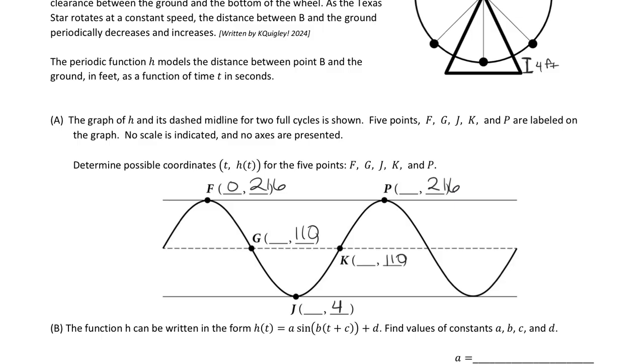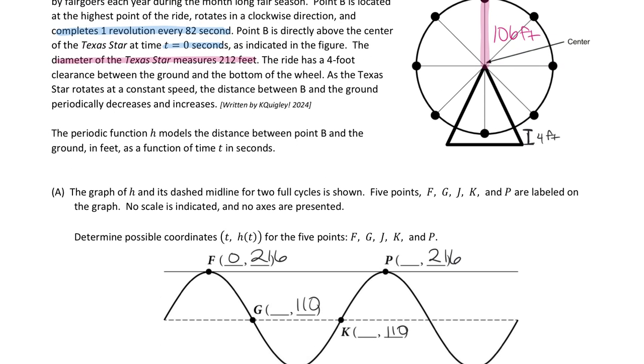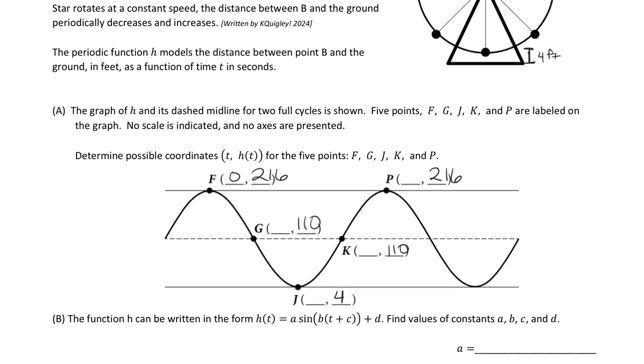It says that it makes 1 complete revolution every 82 seconds. Would P be 82? So P's t value is 82. Very good. Now here comes all of this arithmetic in our head. If this is 0 and this is 82, what's this one? 41, because it's half the distance. Very good. If this is 41 and this is 0, what's this?